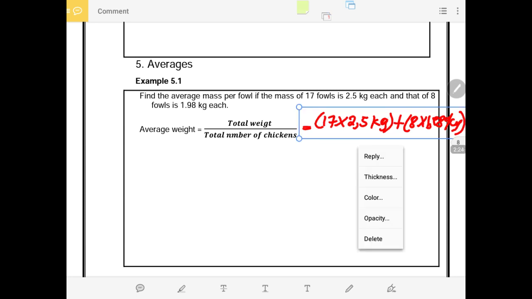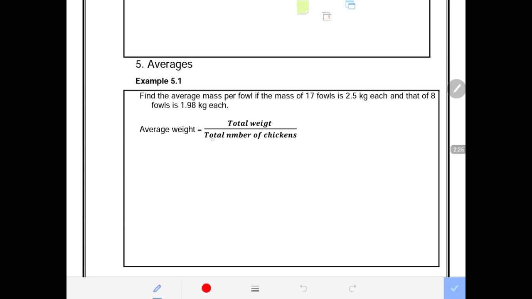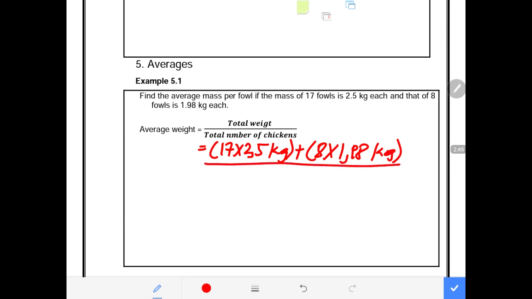So let me just write it at the bottom for visibility purposes. We have 17 multiplied by 2.5 kgs, and we add the other weight, which is 8 times 1.98 kgs. Then we divide by the total number of chickens, which is 17 plus 8, and we know this will give us a total of 25.